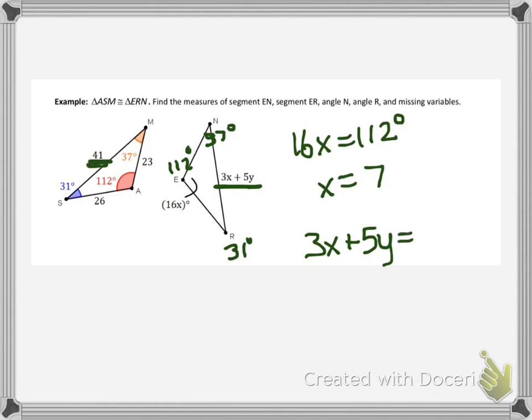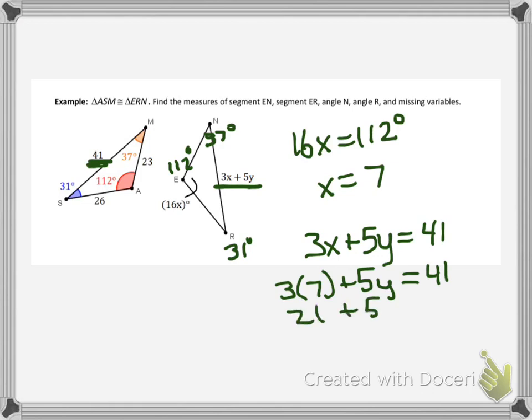So it's equal to 41. Plugging in my 7, 3 times 7 plus 5y equals 41. That's 21 plus 5y equals 41. Subtracting 21, I get 5y equals 20. Sorry, my 5 seems to have morphed into a 6 there. Got a little careless. Okay. Dividing by 5, I get y equal 4.